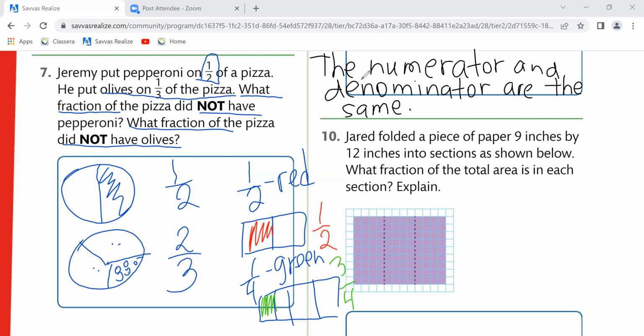No. Number 10, we don't explain anything. We answer the question. Okay, guys, number 10. Sorry, finish? Yes, number 10.